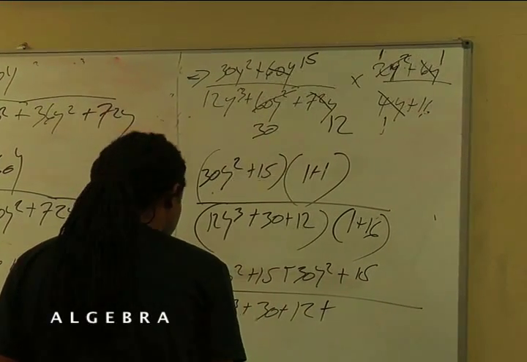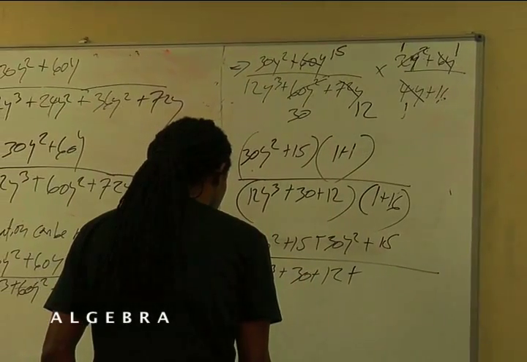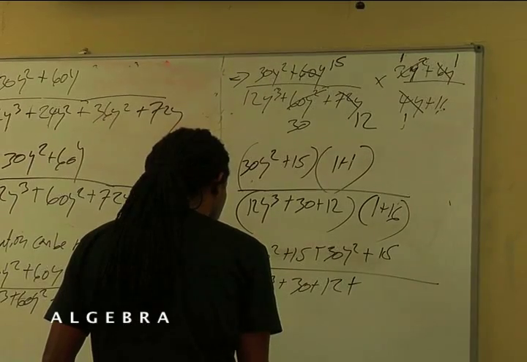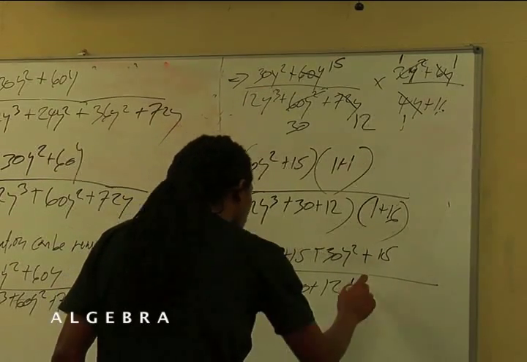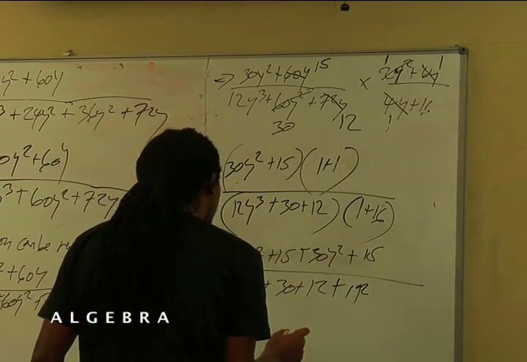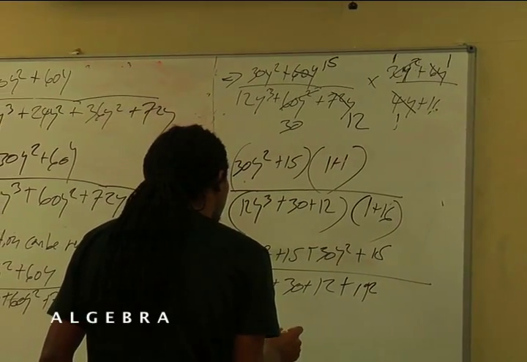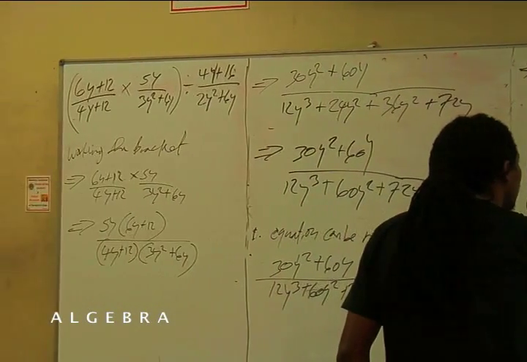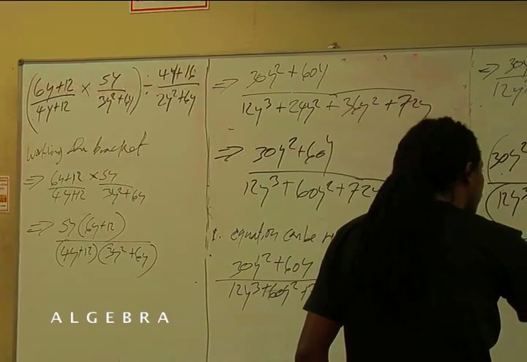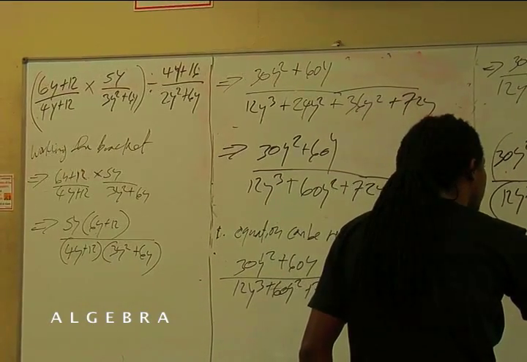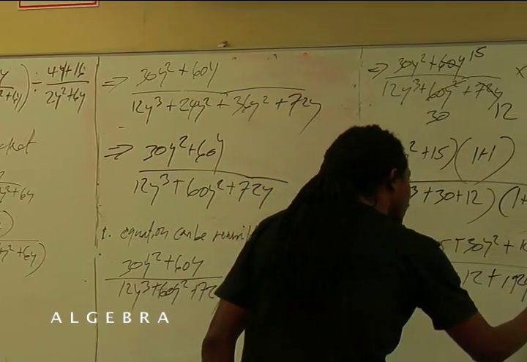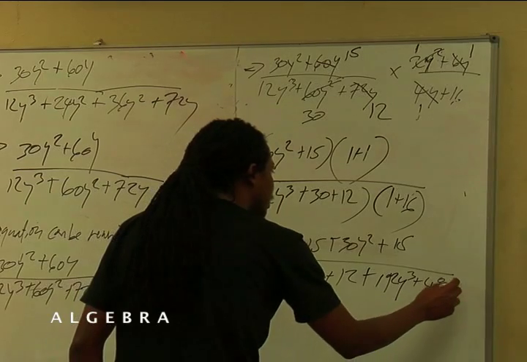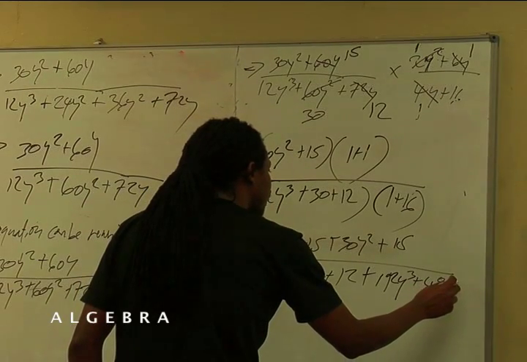16 times 12. 16 times 12. Right, this does not look right either. 192y cubed plus 16 times 30. 16 times 30. 12 times 16. 12 times 60.